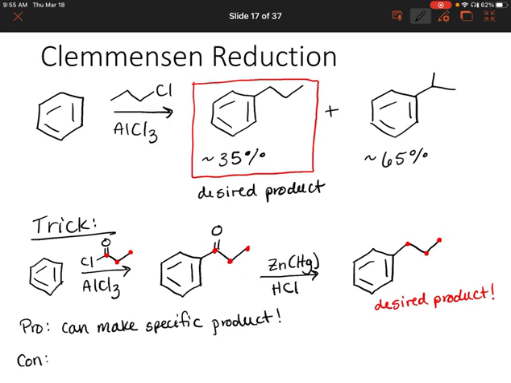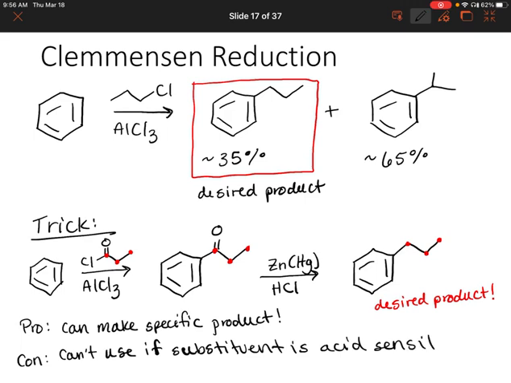But the con of this reaction is if your substituent, the functional group that you're adding, is acid sensitive, we can't use it. Mercury has to be used, and mercury, again, can be toxic and dangerous to us.